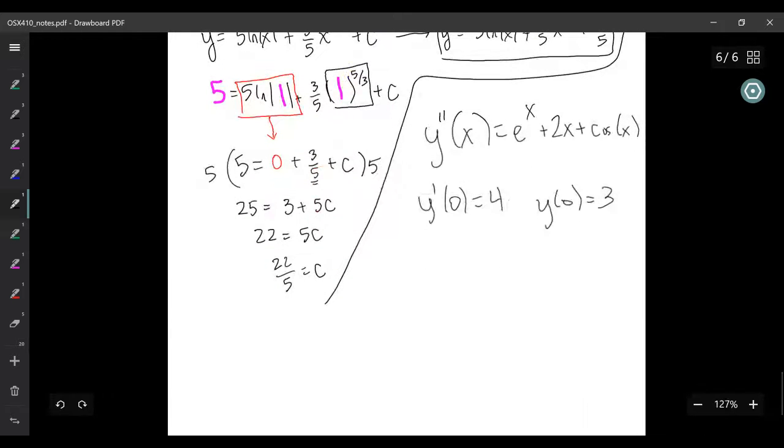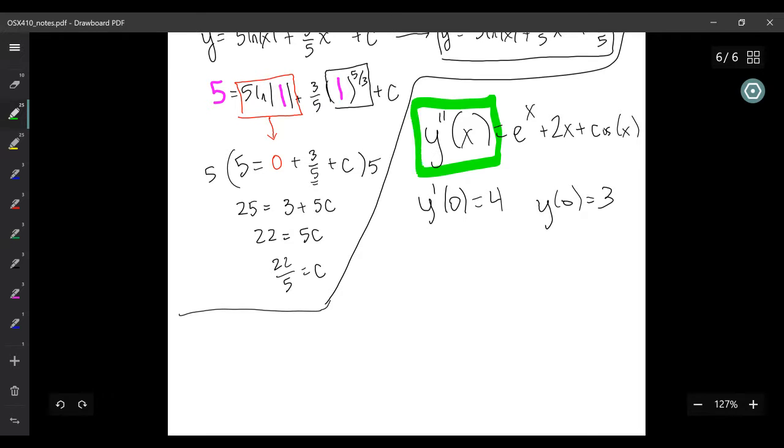So notice this is the second derivative. If you take the antiderivative of the second derivative, you end up with the first derivative.